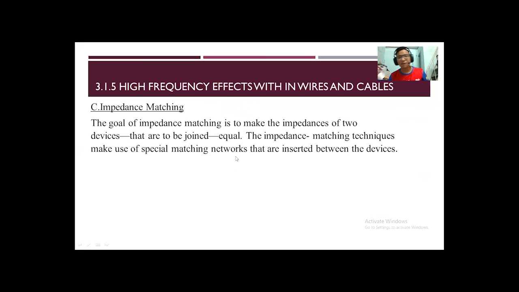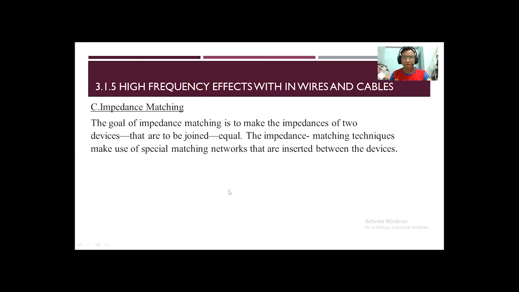So we come to impedance matching. If you connect a device with a cable to another device, like I use my headphone here, you can call it a Y cable or a back cable, and I connect it to my laptop.